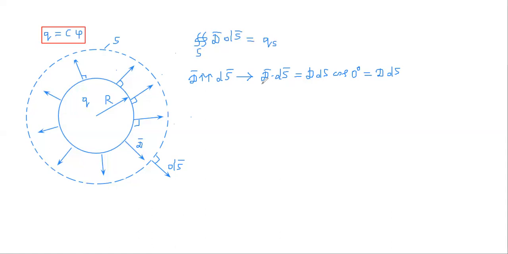And what's more? What's next? Next we can try to calculate this integral. So according to this, we have D multiplied by dS, the surface integral over S of D dS.